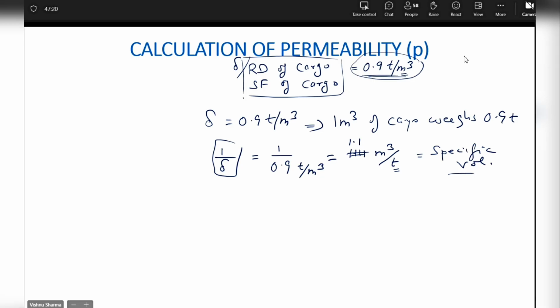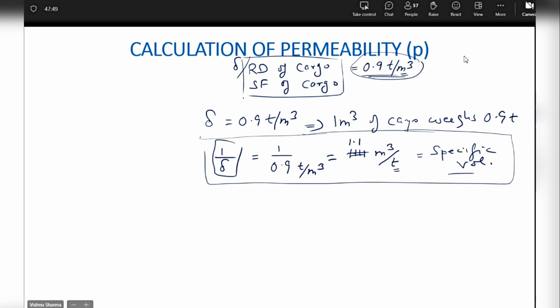Whether that cargo is lying on your table, on the floor, or on the road, if you have 1 ton of cargo, notwithstanding the shape, it may be cuboidal, irregular, or a regular geometric shape, whatever the shape, 1 ton of cargo will basically occupy 1.1 cubic meters. Do you agree with me, guys? Yes or no? Yes.